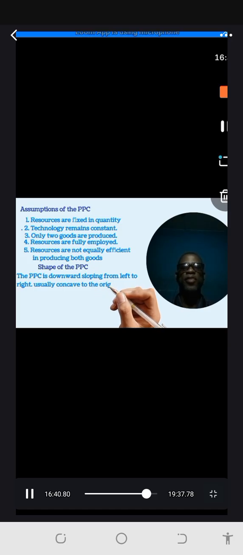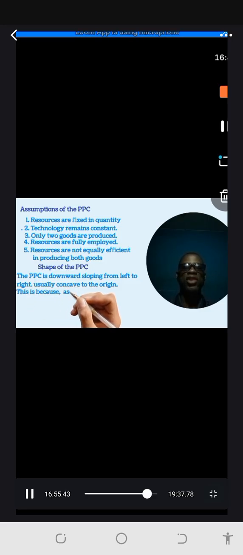Now, the shape of the production possibility curve. The PPC is downward sloping from the left to the right, usually concave to the origin. This is because as more of one commodity is produced, less of the other commodity will be produced.